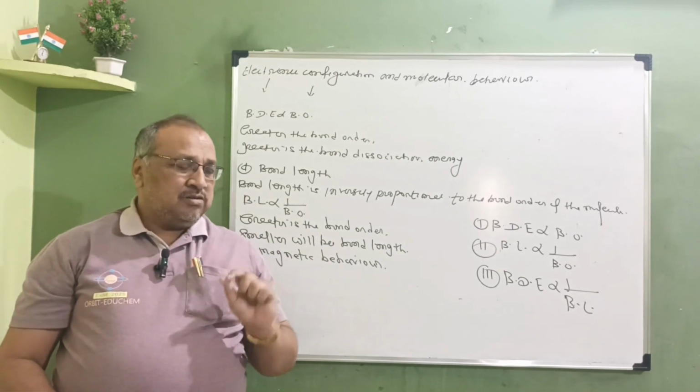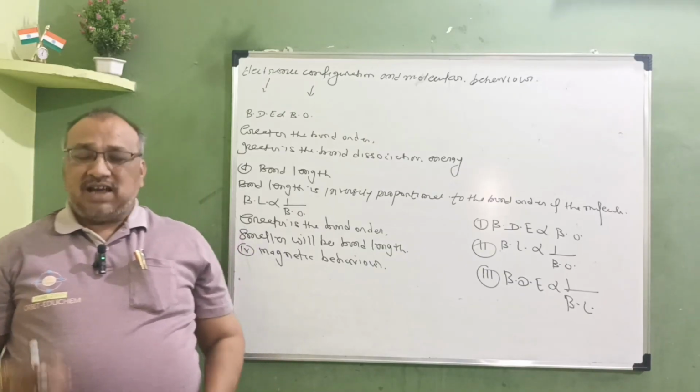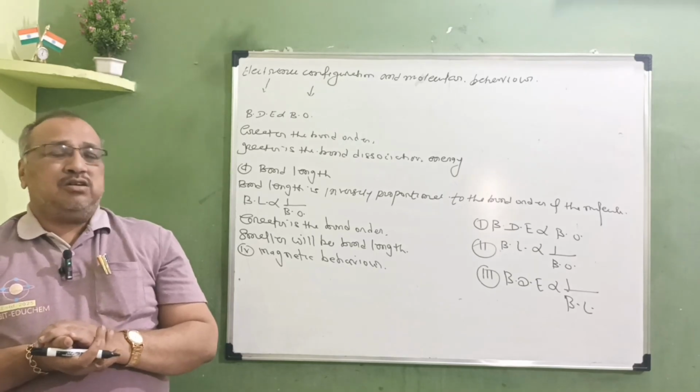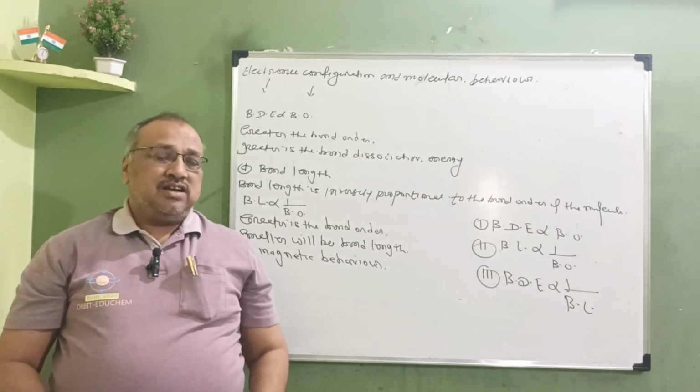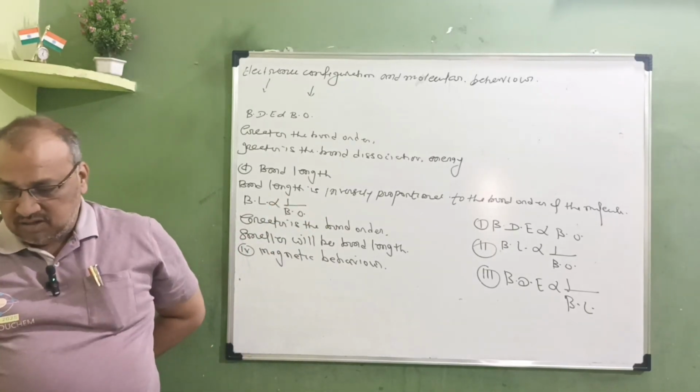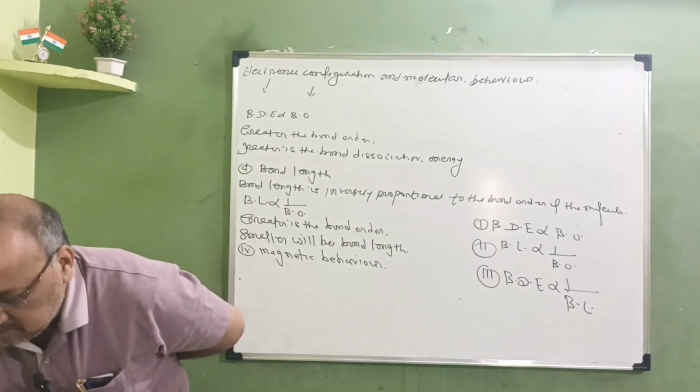If in the molecular orbital diagram some electrons are unpaired, then the given molecule is paramagnetic, and if all the electrons are paired, then the given molecule is diamagnetic.